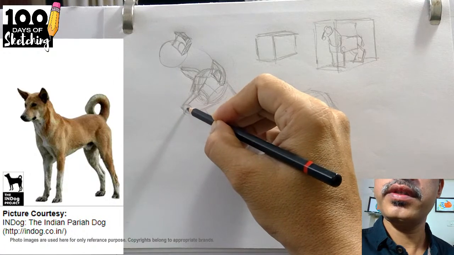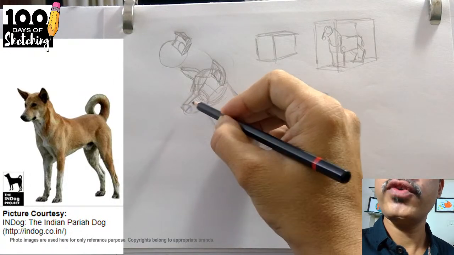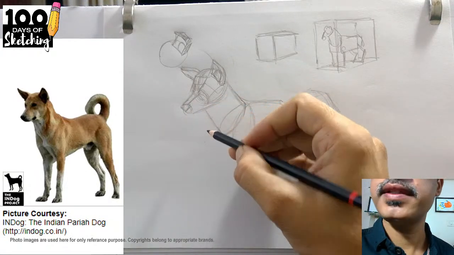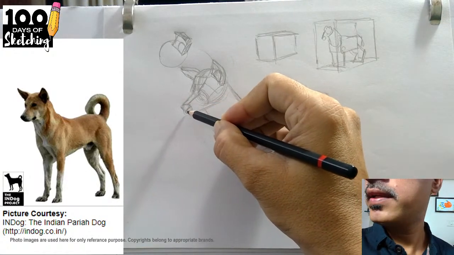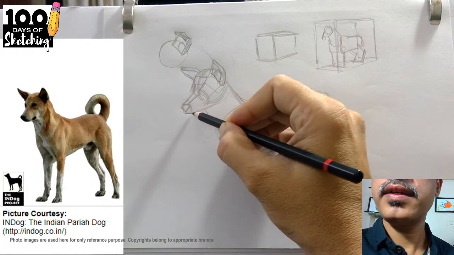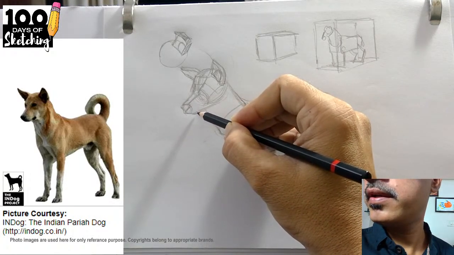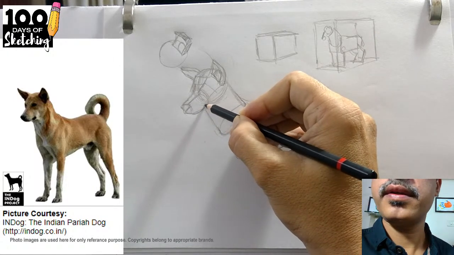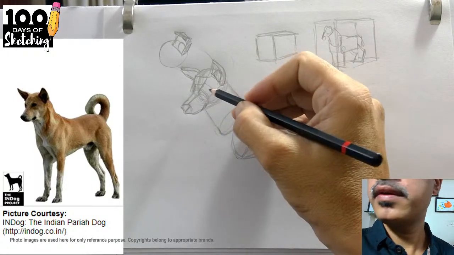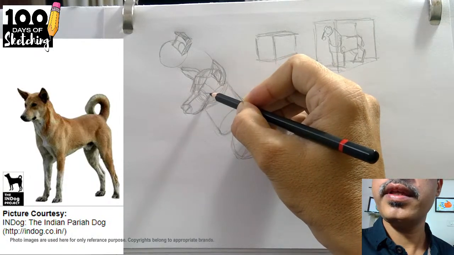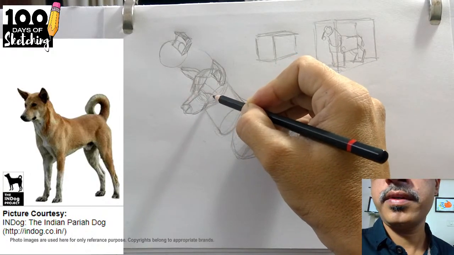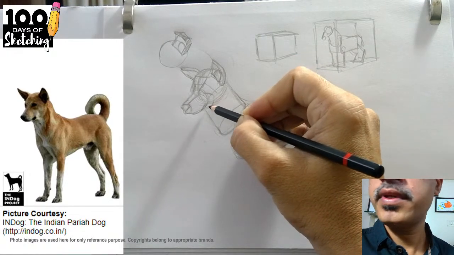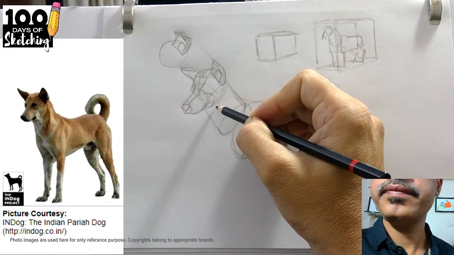Here is the sort of triangle for the nose and nostrils, turning, and this is again the jaw line. Here you can just see.